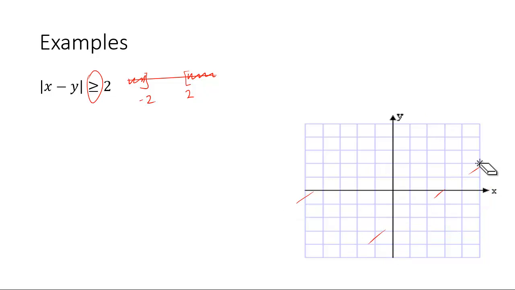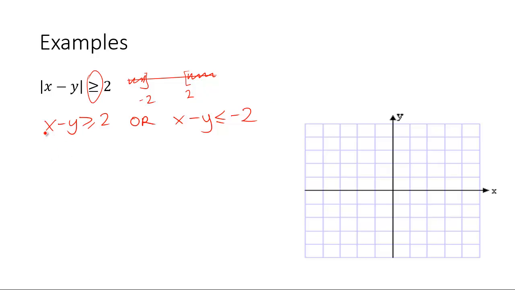But let's take a look in particular. So because it's greater than, remember we split it into the greater than 2, or, so we want to include both, the x minus y being less than or equal to the -2.